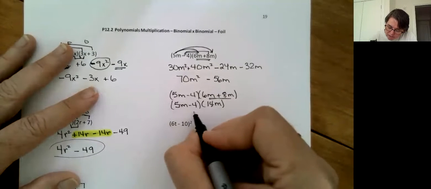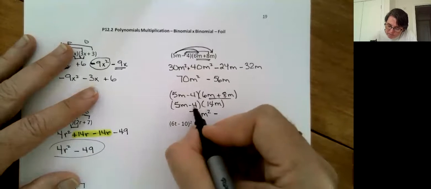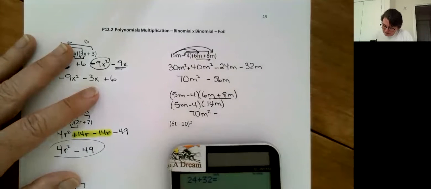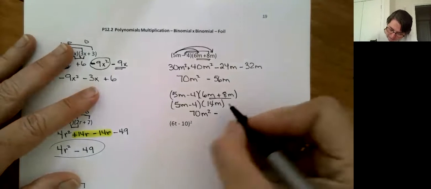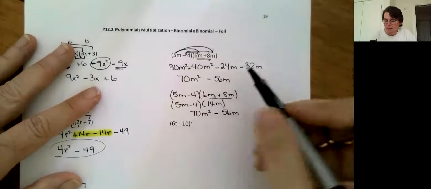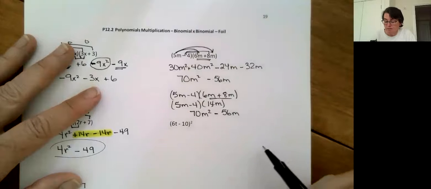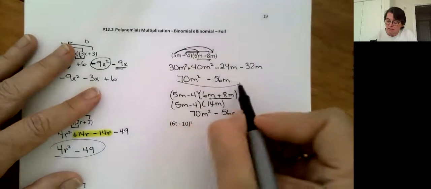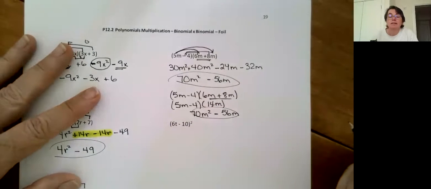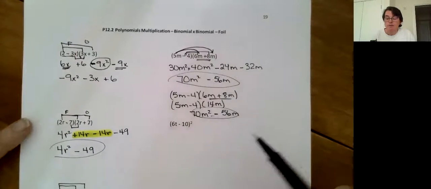So 5 times 14 is going to be 70m squared, minus 4 times 14, which is 56. That was 1 step, 2 steps. This was 1 step, 2 steps. Still got the same answer. It's an odd example where you started with a binomial times a binomial, and you ended up with 2 terms.